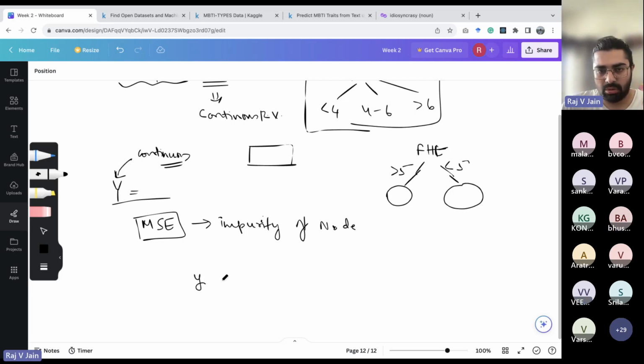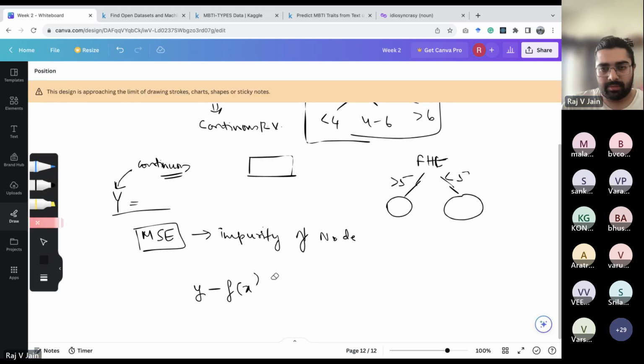So if y is true, and predicted is let's say f of x, we took the square of this, did this for every element, and then took some mean. All of that is fine. Here, in this particular example, can I do the same thing? Is there something missing?